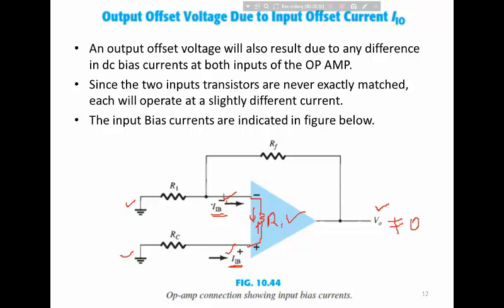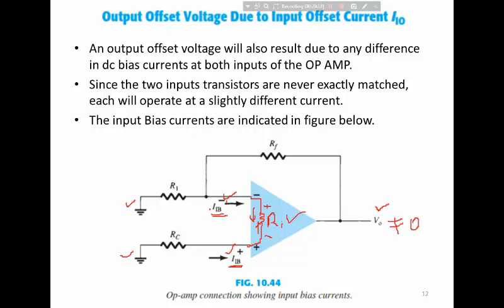But if there is a slight difference in these two currents, then the difference between them would be non-zero. If a net current flows in any direction through this resistance, then the voltage across this resistance will be the value of the current times the resistance, and that voltage appears between these two input terminals due to the input bias currents.